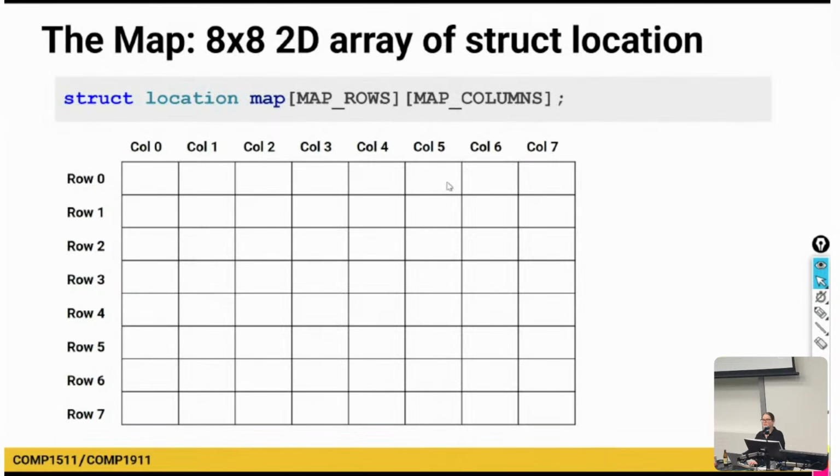And we've been given a map, and that map is sort of an 8 by 8 array of these struct locations. So we'll have rows 0 to 7, columns 0 to 7.